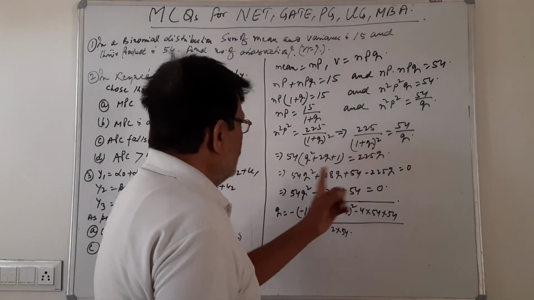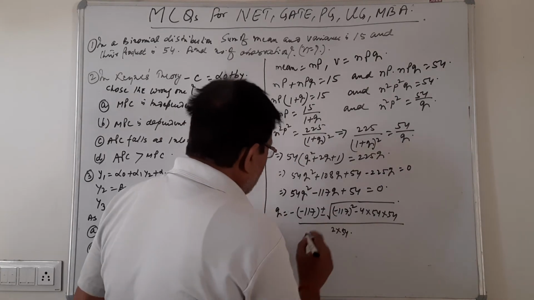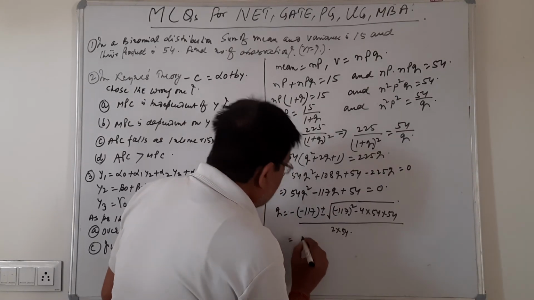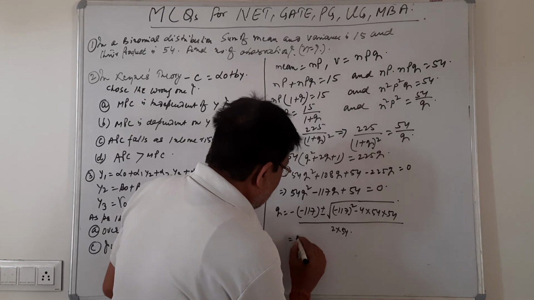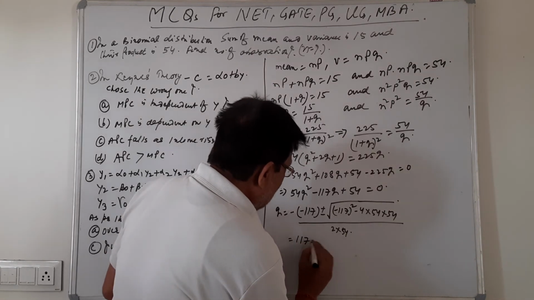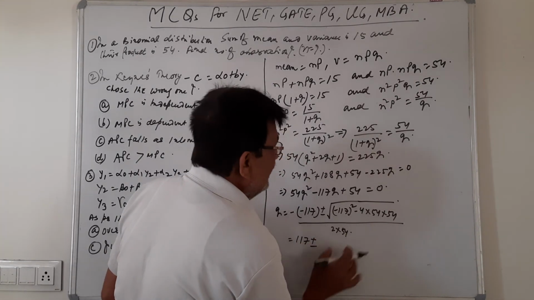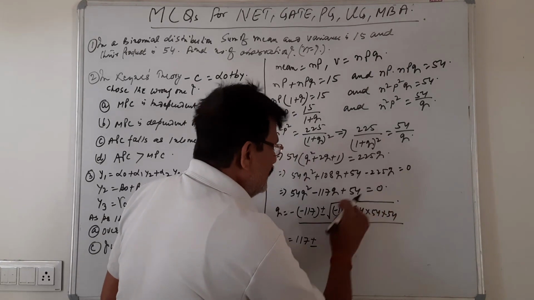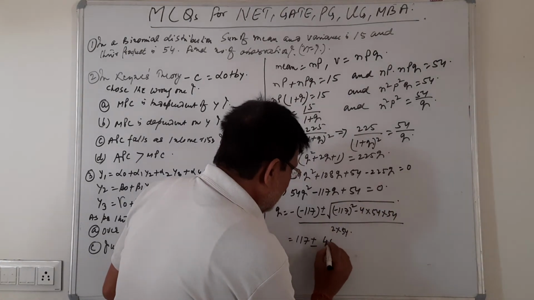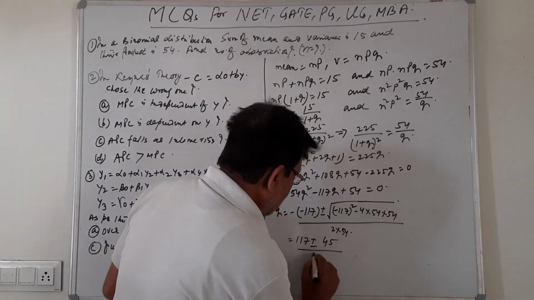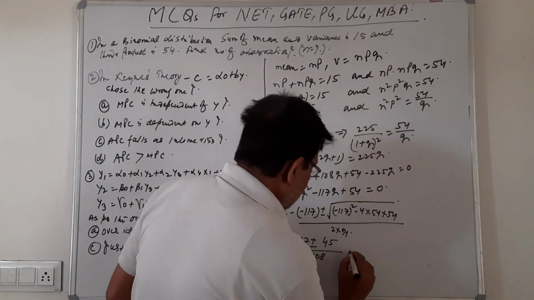Now when this is solved, we shall get 117 plus minus 45, divided by 108.